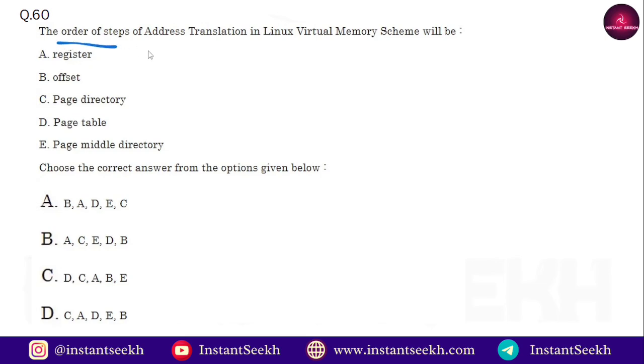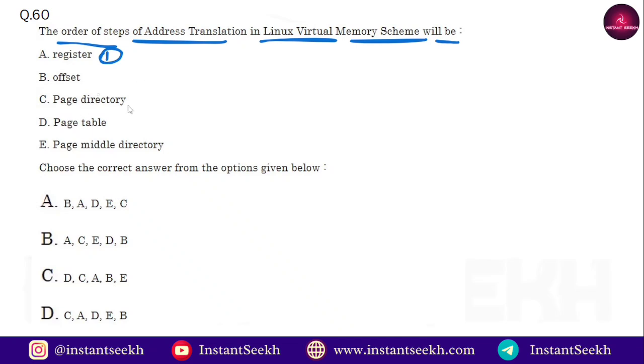The order of steps of address translation in the Linux virtual machine memory scheme will be, what can be the correct steps? First comes the register. The process starts with the CPU register, which holds the base address of the page directory.